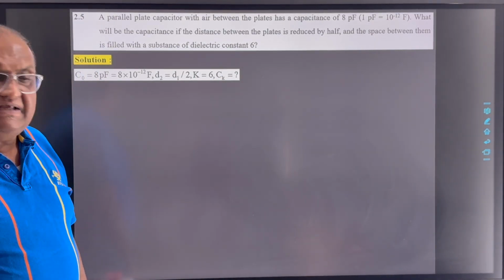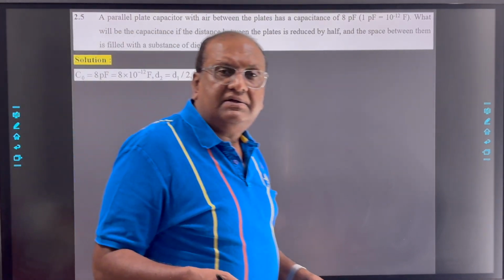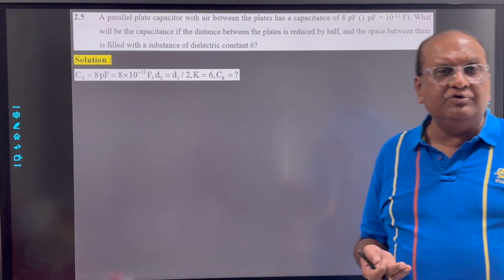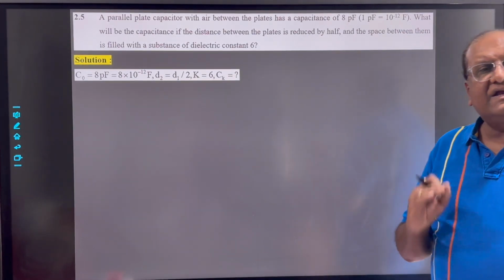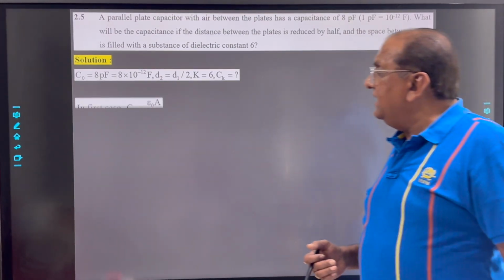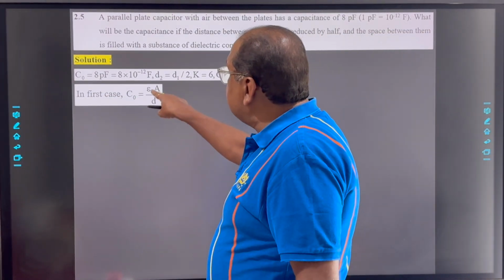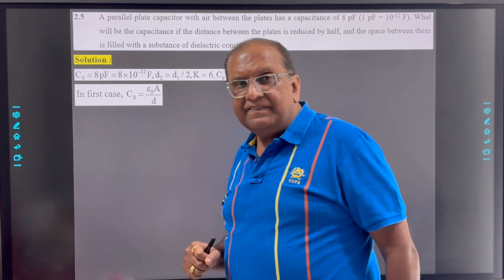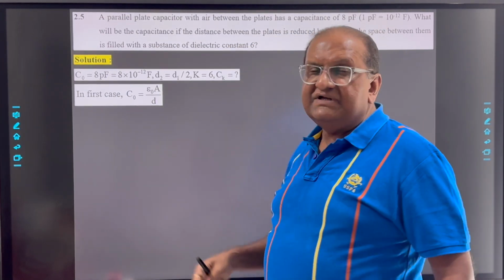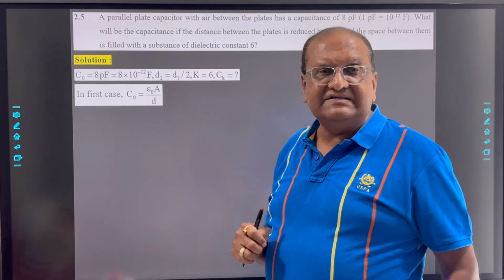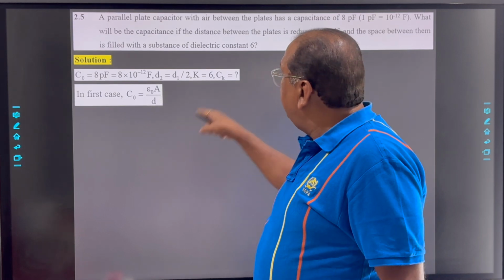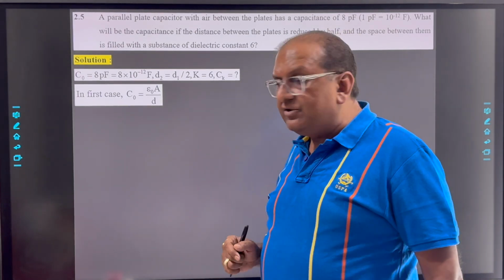We know this thing: when a dielectric substance of dielectric constant K is introduced between the plates, the capacitance becomes K times. So here C0 is epsilon 0 A by D, that is without dielectric substance and when the distance between plates is D. Now the distance is made half and the dielectric substance is introduced.